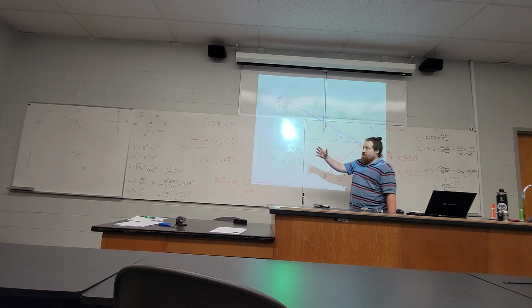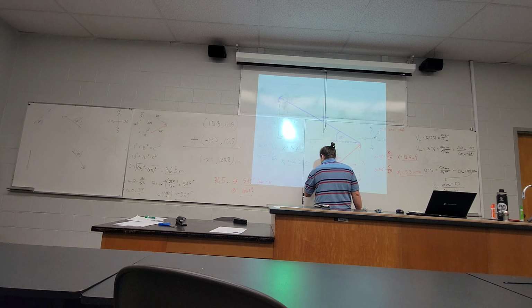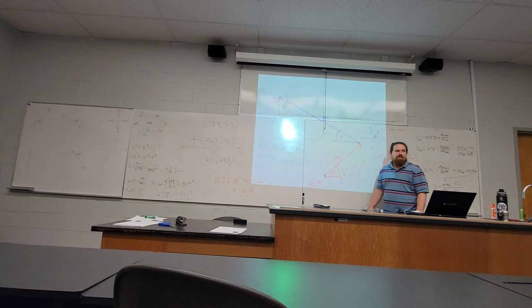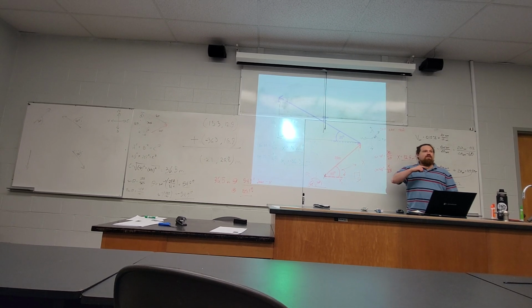Because even though we've drawn it like that, 55 degrees from negative x would be the same as 125 degrees from positive x. And as long as it's counterclockwise from positive x, you technically don't need any other qualifying statements.